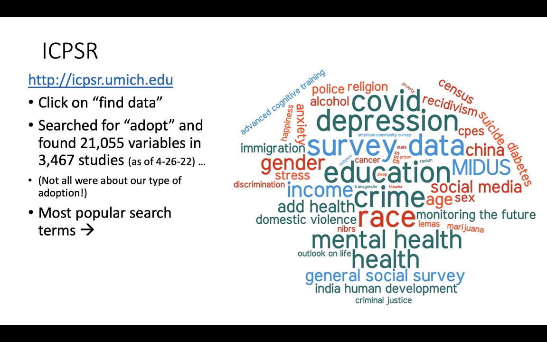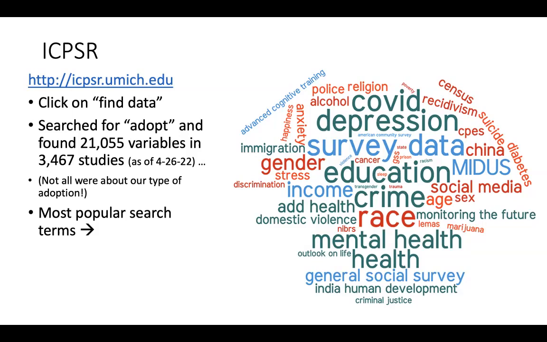But a warning is that not all of them are about the kind of adoption we study. Some of them might be about the adoption of technology or the adoption of agricultural practices or something like that. But you can do searches like adopt and child or adopt and family or various kinds of Boolean searches that will narrow it down for you.